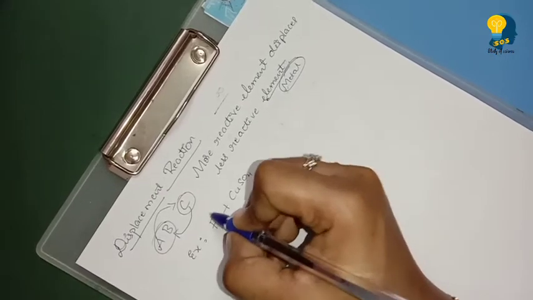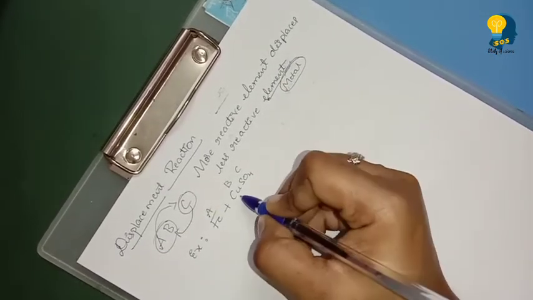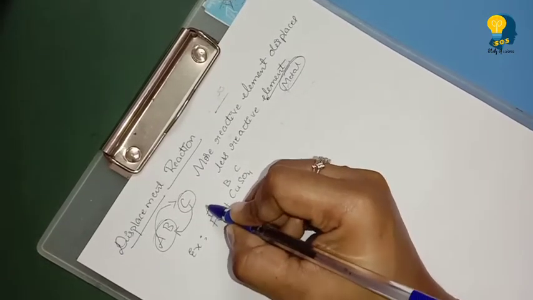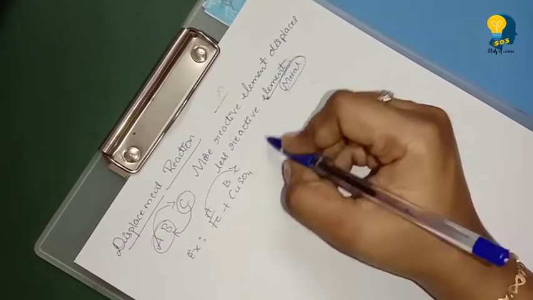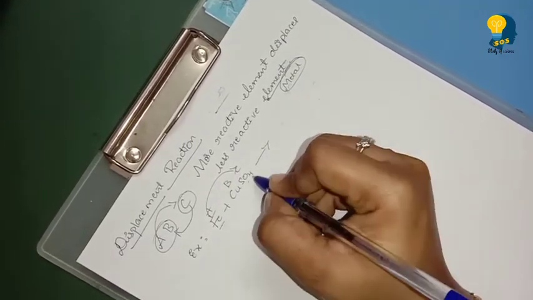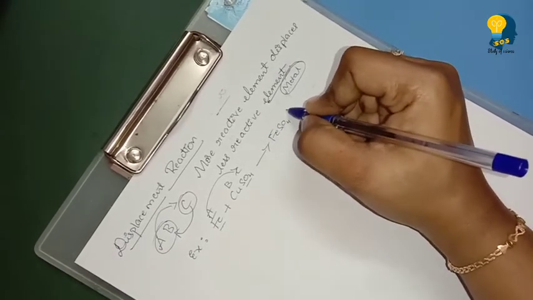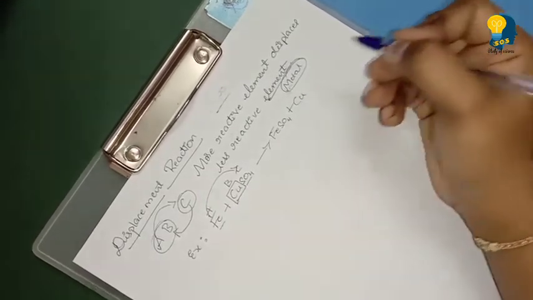Think of it as A, B and C. What happens? A combines with C. Fe combines with SO4. It forms FeSO4, that is ferrous sulfate. And what is displaced? Copper is displaced.